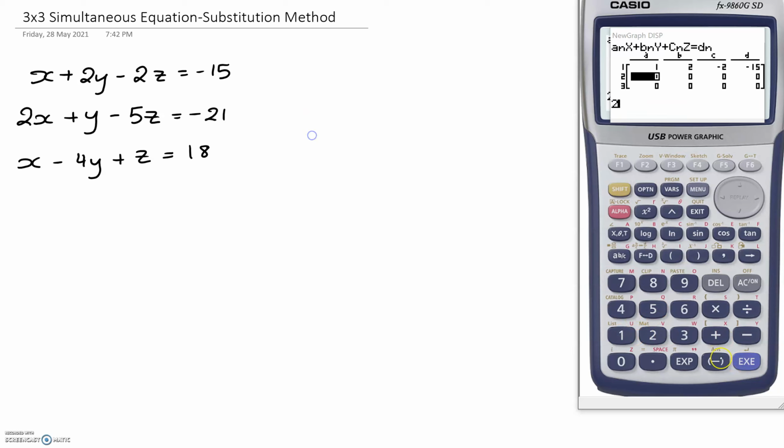The second equation is 2x plus 1y minus 5z equals negative 21. And then we've got 1x minus 4y plus 1z equals 18. And if we enter this, we get our three solutions. So x is equal to negative 1, y is negative 4, and z is 3.